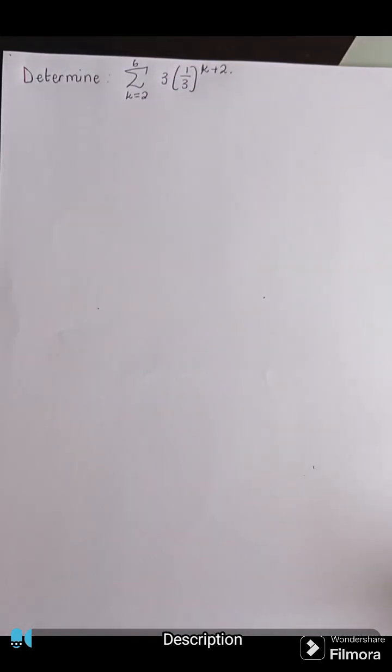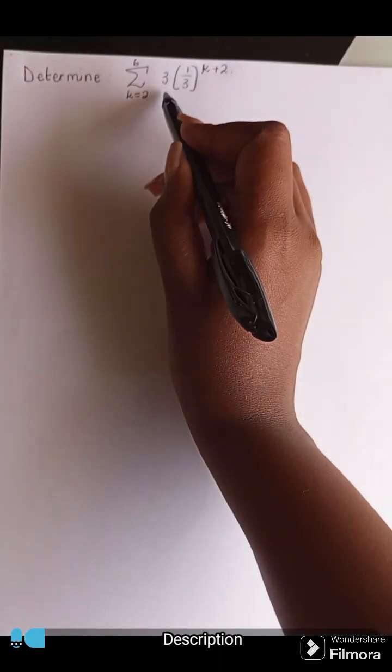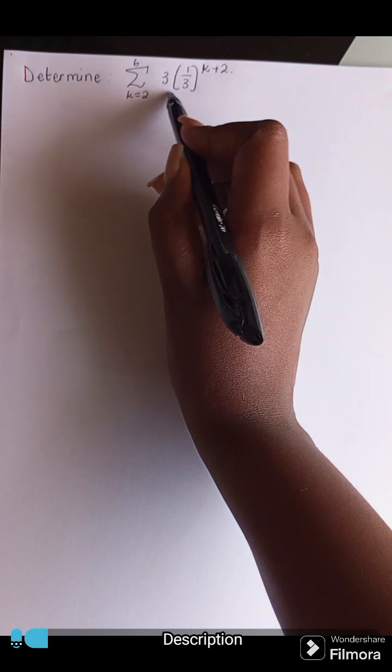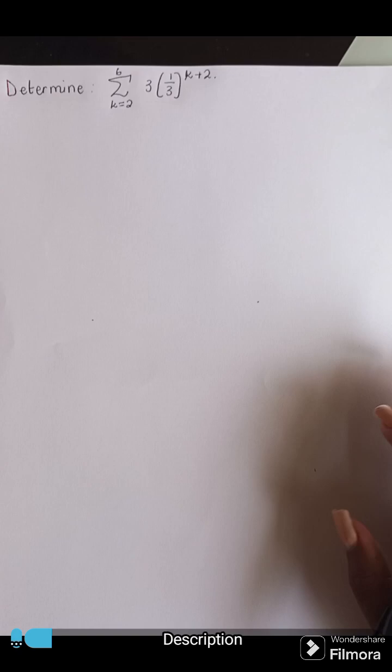Remember I told you that sigma simply means sum. In order for you to determine the sum of this, you must first identify whether this formula here is an arithmetic formula or a geometric formula.